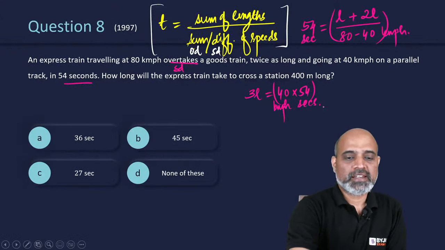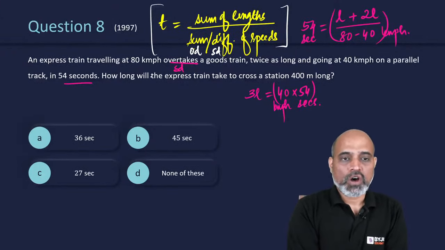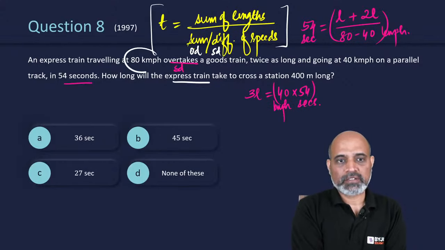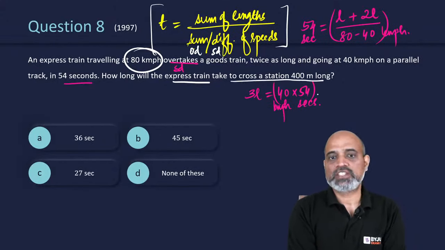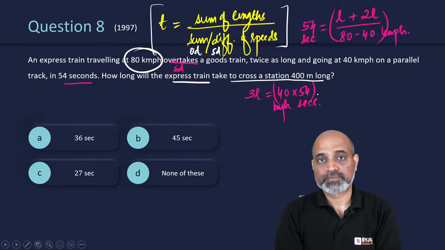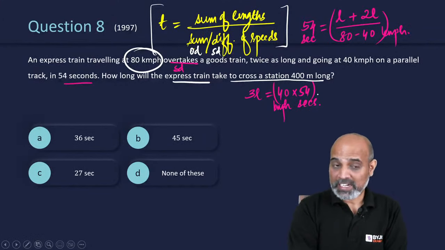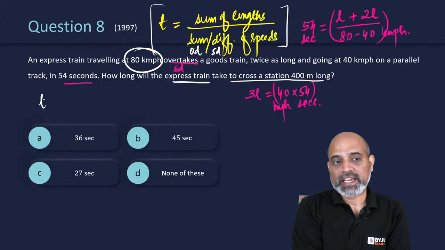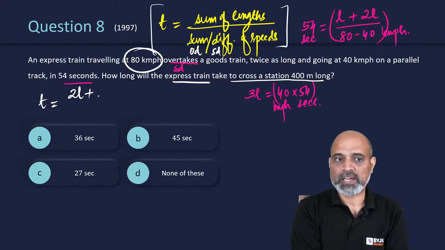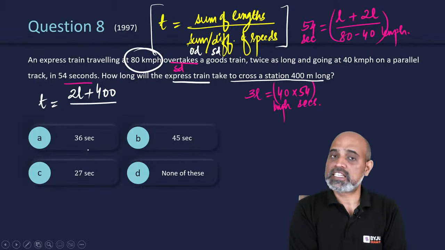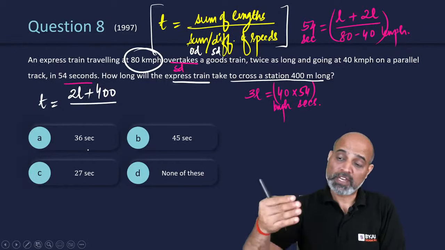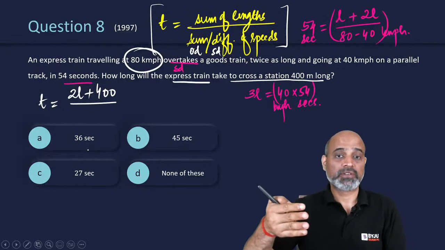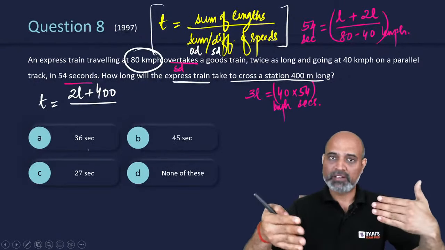Now the question is, how long will the express train take to cross a station 400 meters long? If I have read this question carefully, the time taken will be the sum of the lengths, that is 2L plus 400 meters, divided by sum or difference of the speeds. Now we have a platform, a station, and a train.